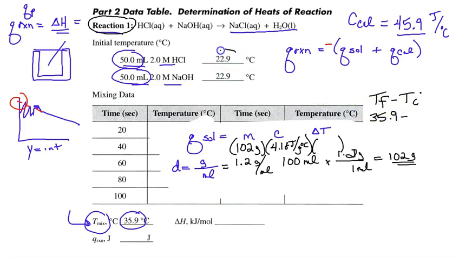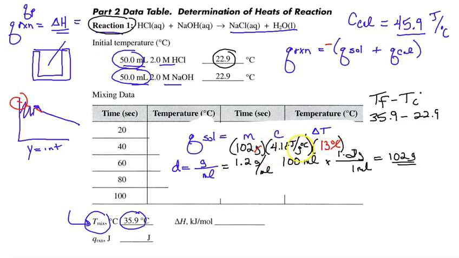And the initial temperature is the initial temperature of the cold water, 22.9. So let's go find that temperature change using our handy dandy calculator. 35.9 minus 22.9, and I get 13, so I'll put that in there. So that gives me 13 degrees Celsius.